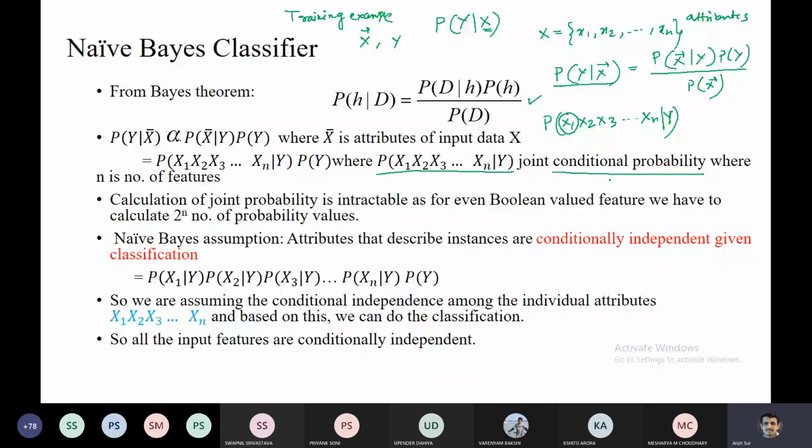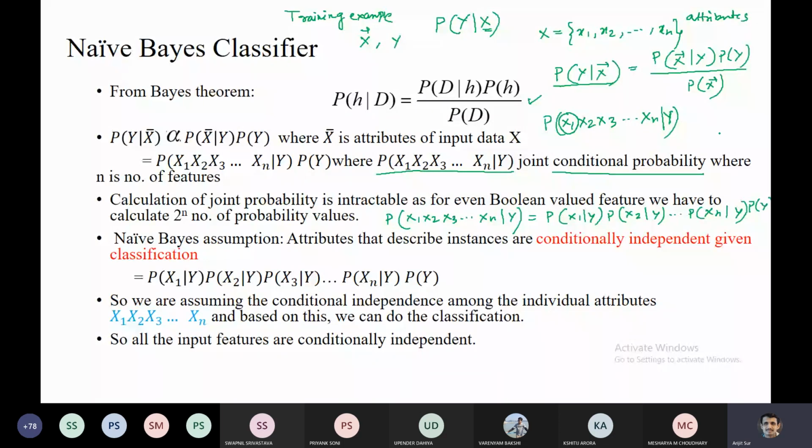So if it is so, we can write P of x1, x2, x3, up to xn given y as P of x1 given y, times P of x2 given y, up to P of xn given y, into P of y definitely.